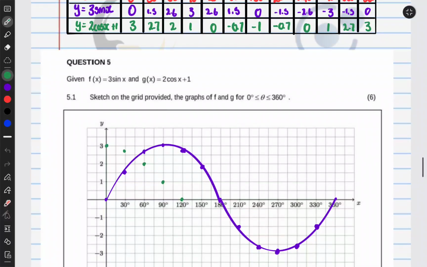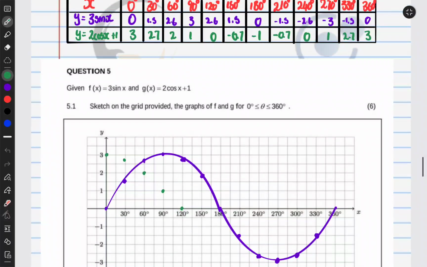We have 150 and negative 0.7 somewhere there. 180 and negative 1 here, 210 and negative 0.7, 240 and 0 here, we have 270 and 1 there, 300 will be 2, and then we have 330, 2.7 somewhere there, 360 and 3 there.